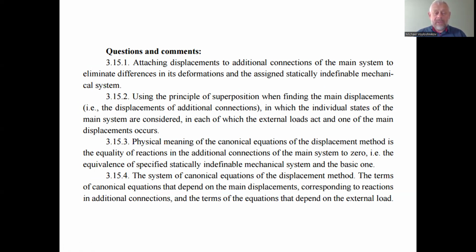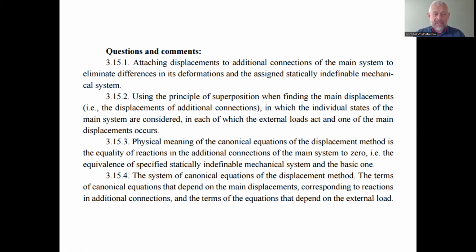We have no differences in the deformation of the assigned statically indefinable mechanical system and the directions in which we found the connections, and to install the new connections in accordance with the displacement method.